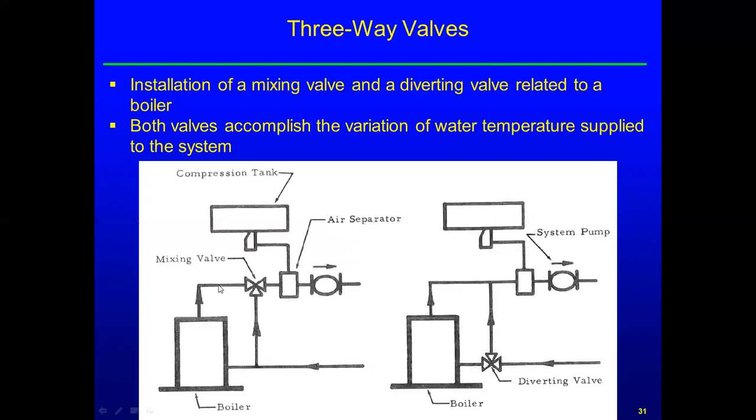So this would be the hot water here. This is your return water. This could be 20 to 40 degrees colder. They mix. Then they all go through the air separator, and then any air liberated rises to the compression tank or a bladder tank. It could go to the bladder tank and then the air elimination valve.